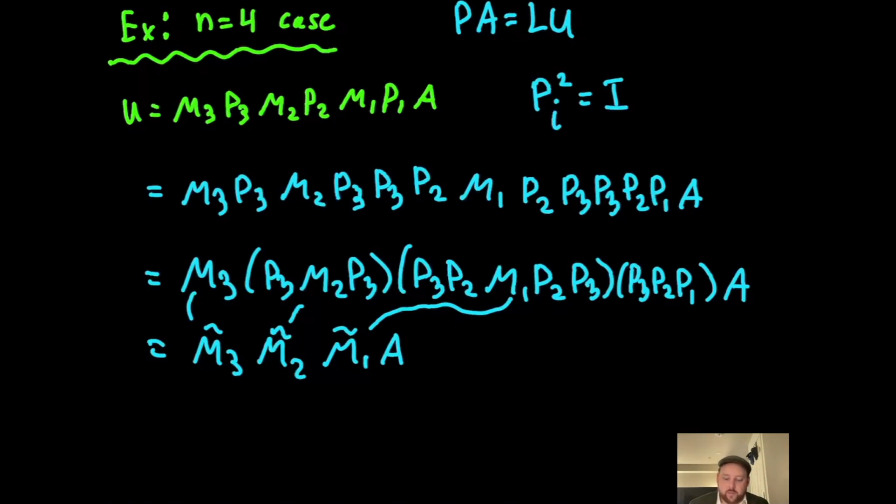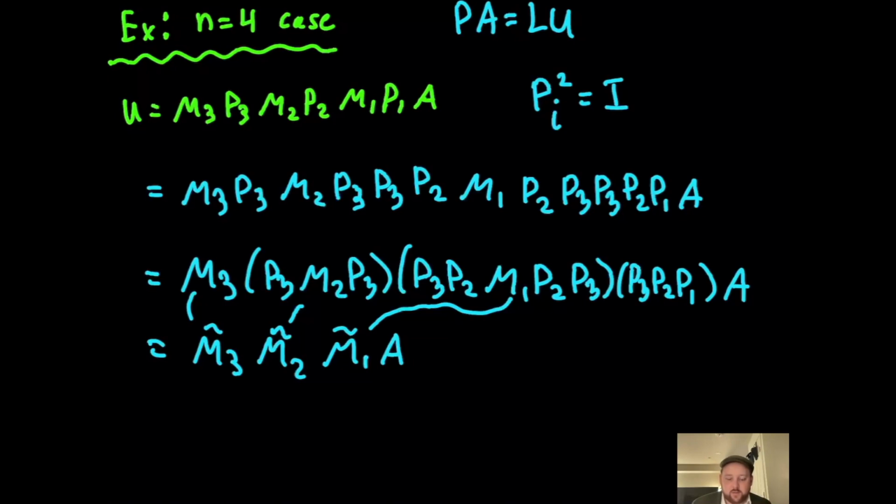And then at this point, the question I'm asking is, how do I get back the PA equals LU factorization? We've essentially reduced this back to the Gaussian elimination case, right? The inverses of the M's were easy to get, and the products of these inverses were also easy to get because I had these lower triangular elementary matrices.